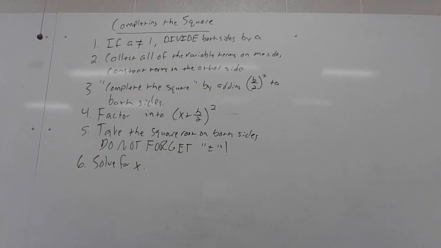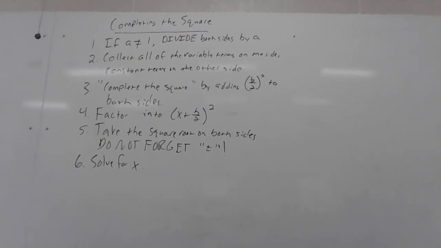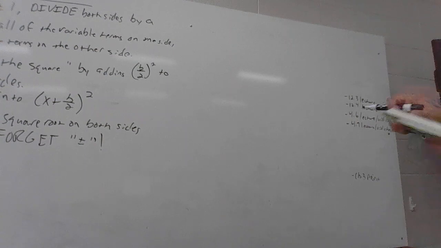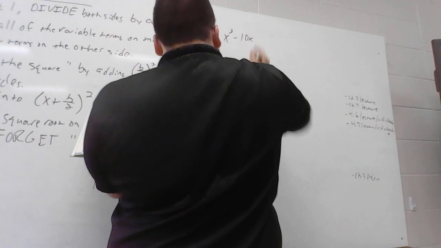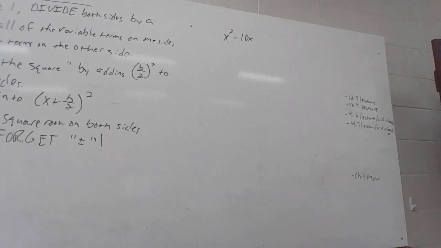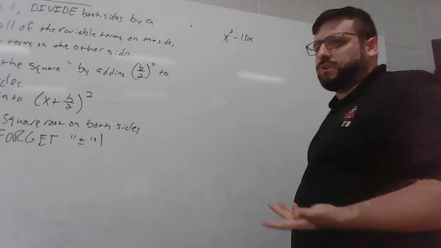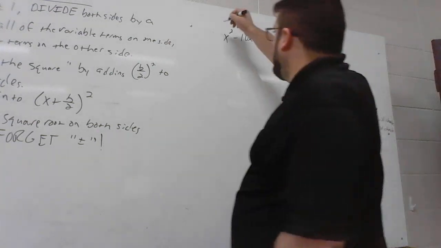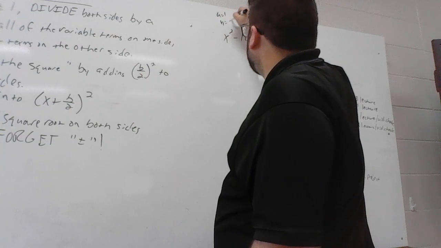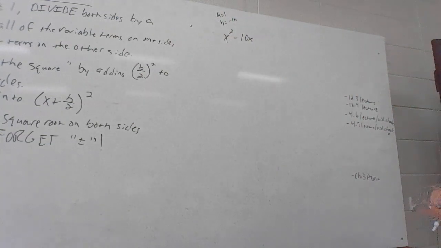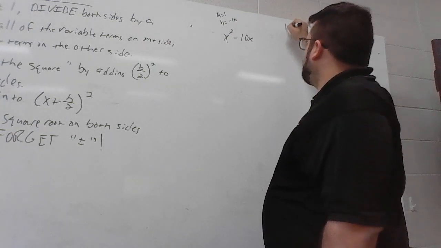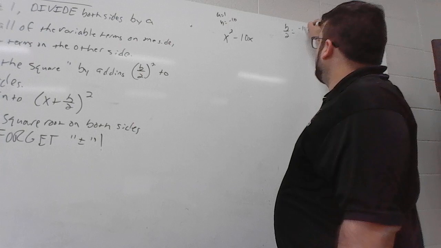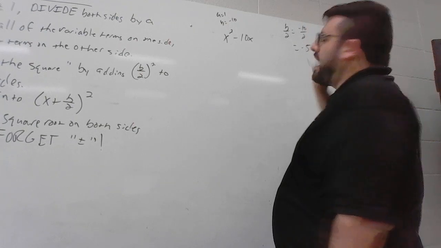So if I wanted to use an example of just the completing the square part, I'll do that over here. Let's say I have x squared minus 10x, and I want to complete the square here. Well, first things first, I want to find what my b over 2 squared is. So here, again, a is 1, b is negative 10, so that means that b over 2 is negative 10 over 2, which is negative 5.